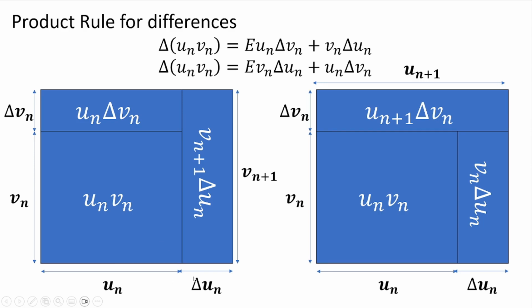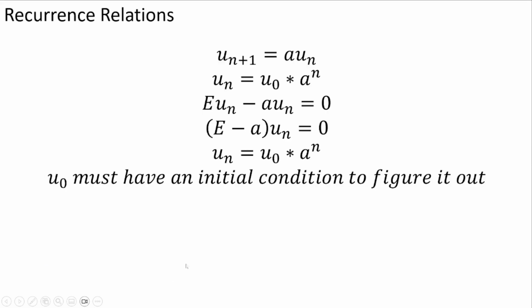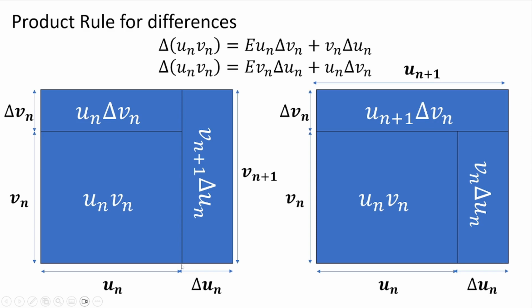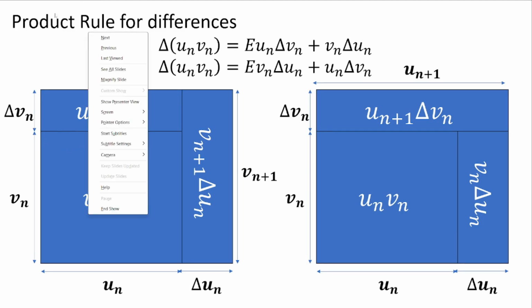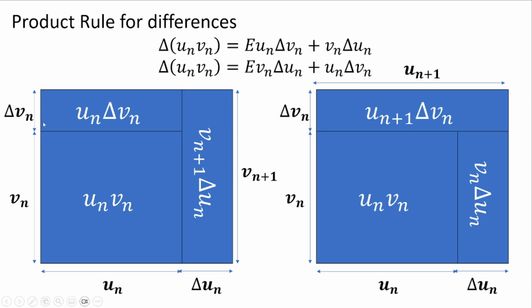The increase of u_n can be seen here, which is delta u_n. The increase in v_n can be seen here. We can get the change in the function as these two areas, the first rectangle and the second rectangle.